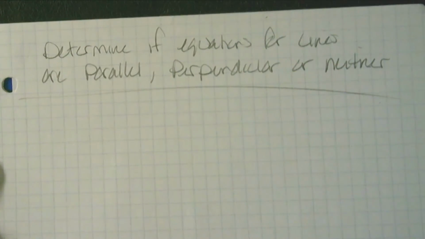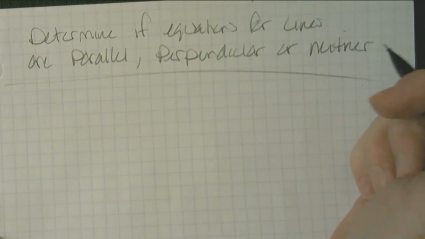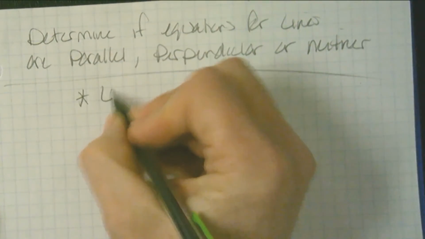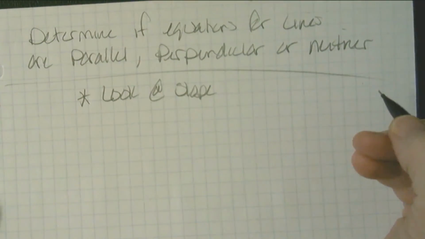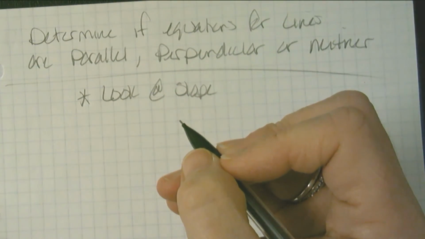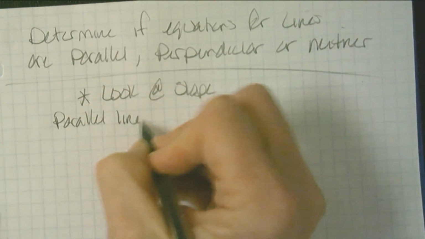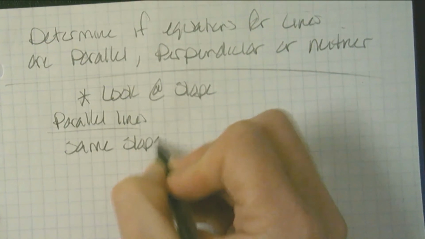What's the first thing you are going to look at for those equations to determine if they're parallel or perpendicular? Joseph? So we need to look at slope. All right. When we have parallel lines, they have the same slope, but what about their y-intercepts?